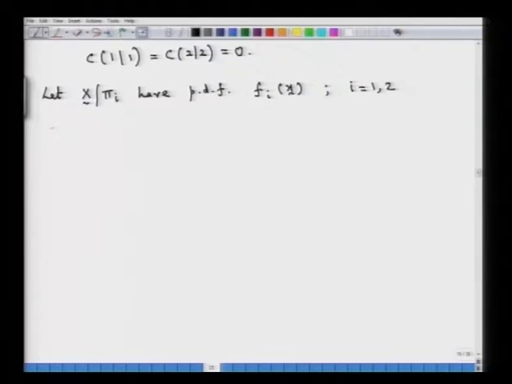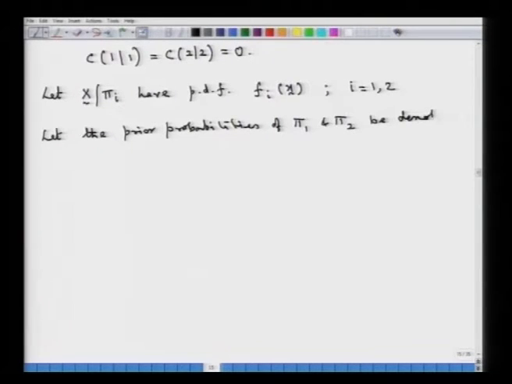And let the prior probabilities of pi 1 and pi 2 be denoted by, say, P1 and P2 respectively.